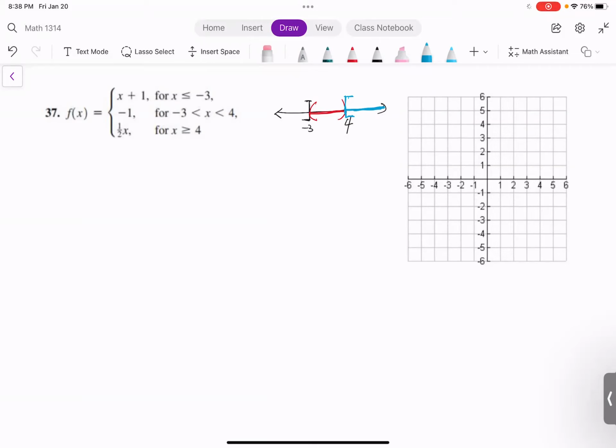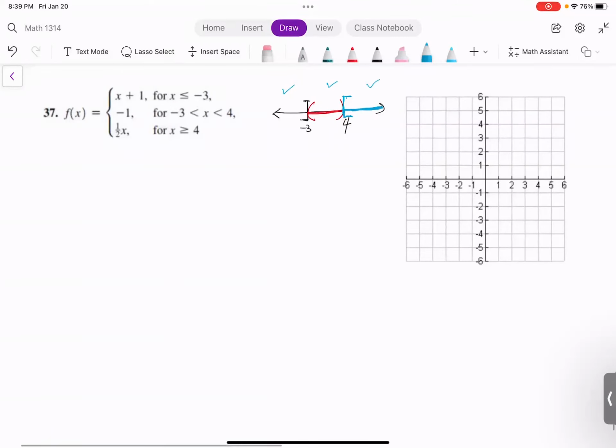Let's pick 3 points here, 3 points here, 3 points here. In each interval, we must have the key points, even if a key point is not in that interval. In the first interval, for x, I can choose -5, -4, and -3.